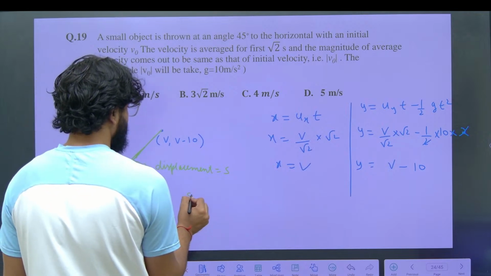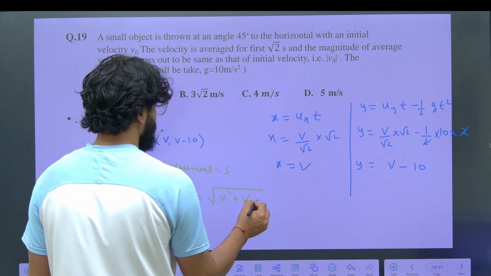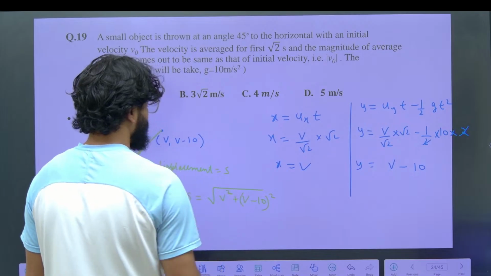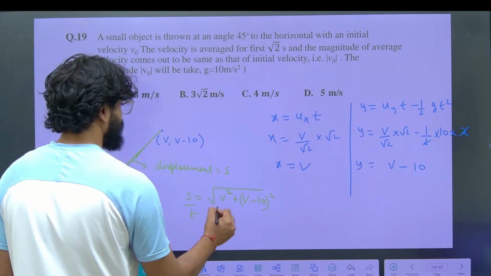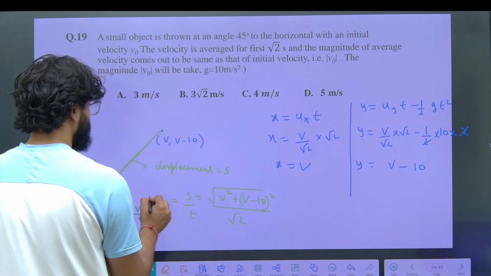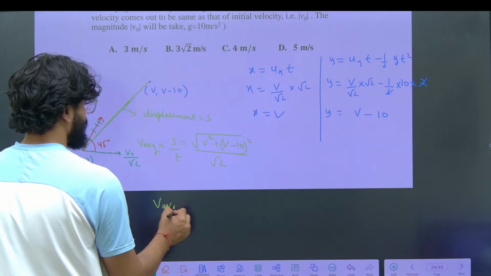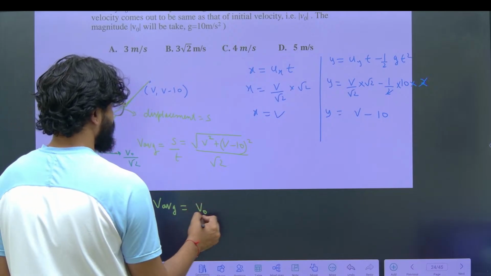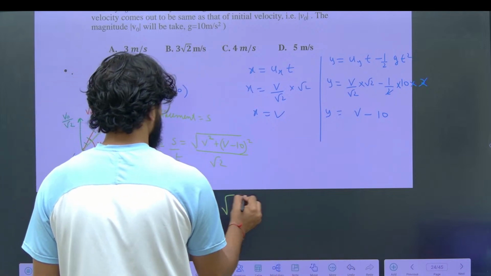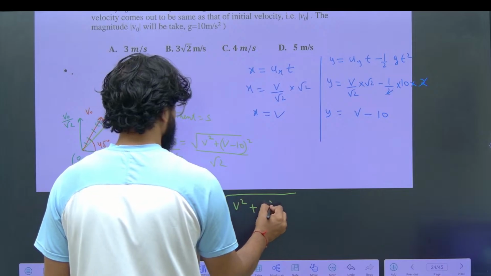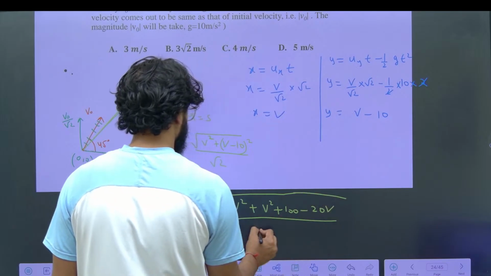Okay, so s is coming out as under root v square plus v minus 10 whole square, by using the distance formula, upon t, which is root 2, that is v average. So we can write v average, I'm just writing v only, equals under root v square plus a square plus b square minus 2ab, upon root 2.